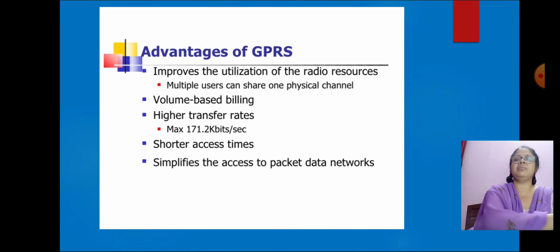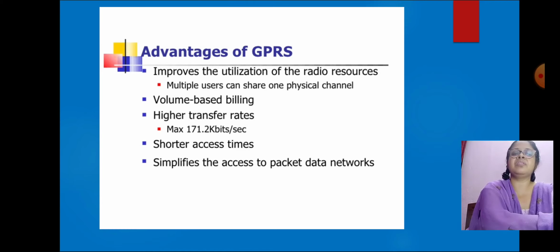Now we will learn about the advantages of GPRS. It improves the utilization of radio resources. Multiple users can share one physical channel. Volume based billing: the billing is done based on the volume.